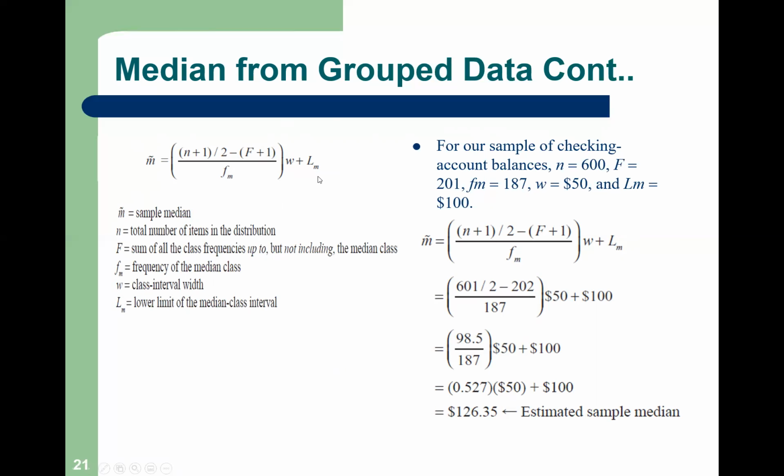Now we will understand what these letters tell us. N is the total number of values, that is the total frequency.